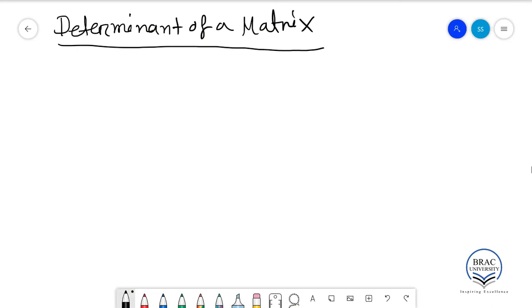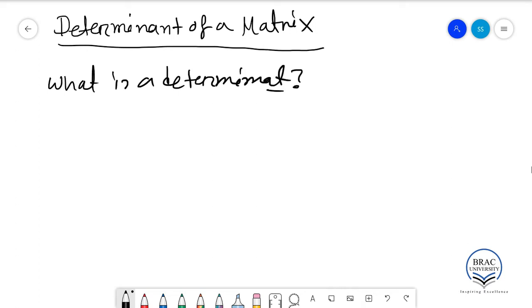Today we want to talk about determinant of a matrix. So let's get started. First we need to talk about what a determinant is. A determinant is a scalar, that is a number, and it contains some encoded information under linear transformations of that matrix.